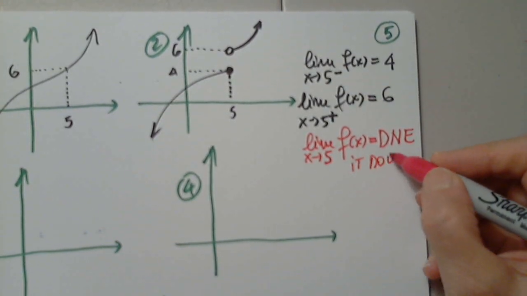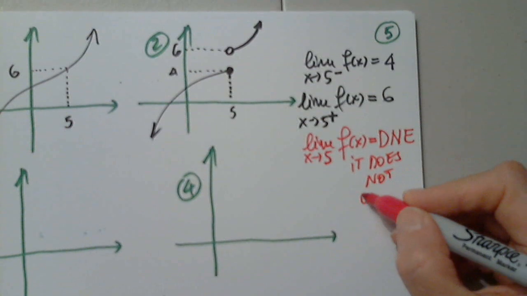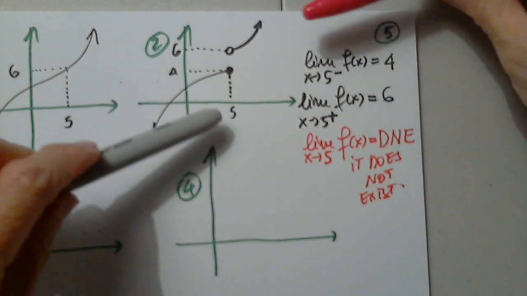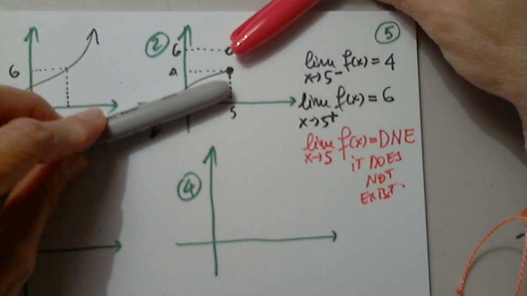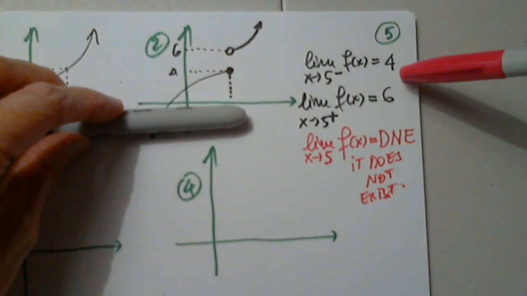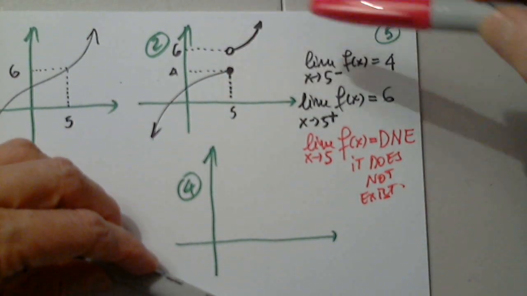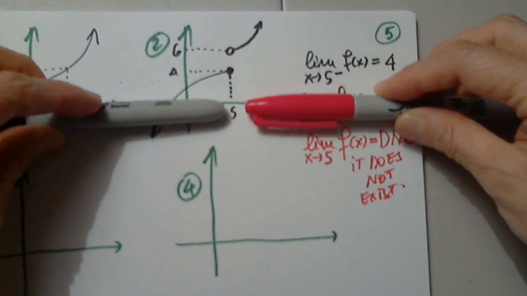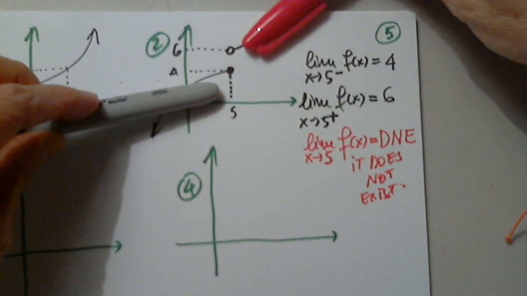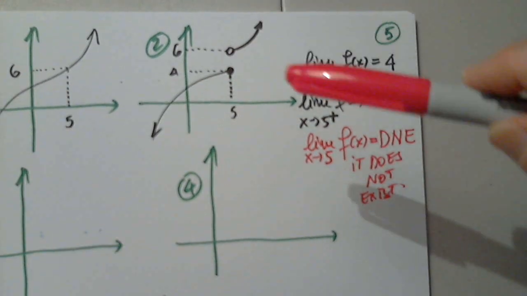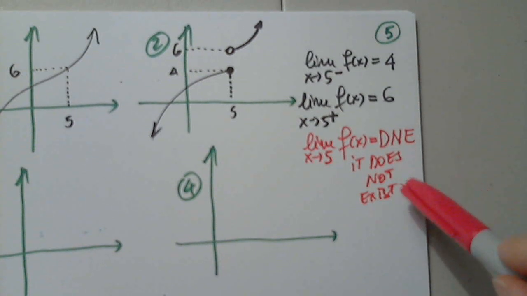It does not exist. As long as they are different numbers, the limit from either side does not exist. The limit from the left exists, is 4. The limit from the right exists, is 6. But the limit from either side, simultaneously, the function does not approach a number. So therefore, the limit from either side does not exist.